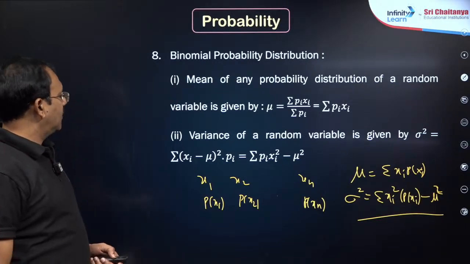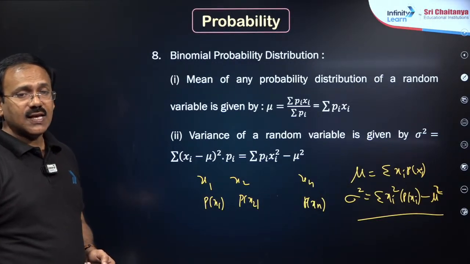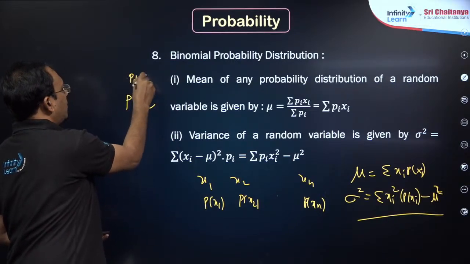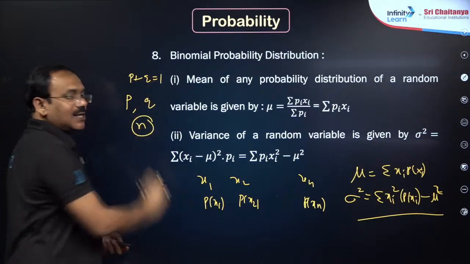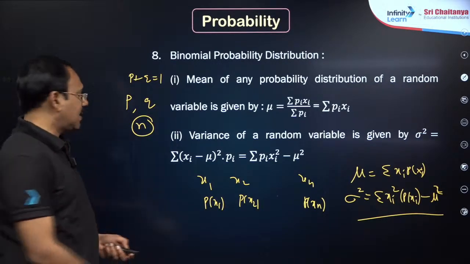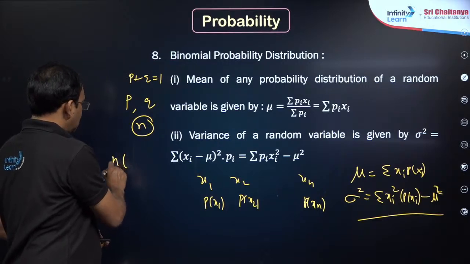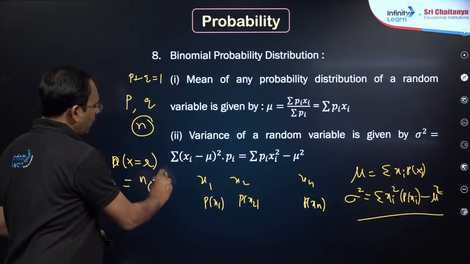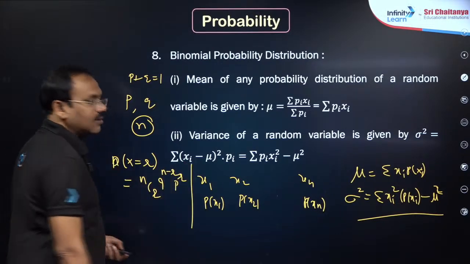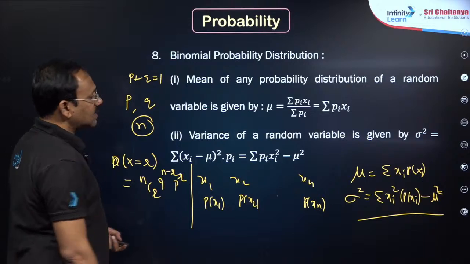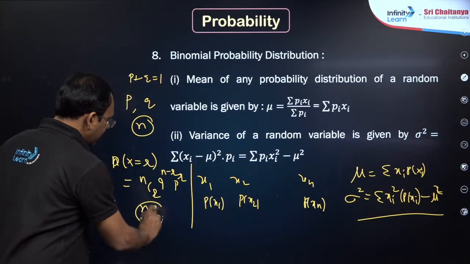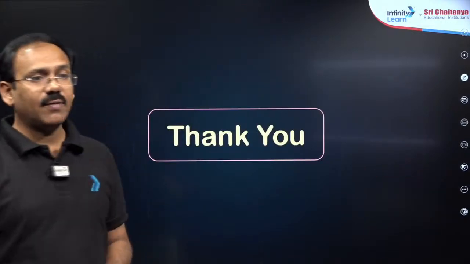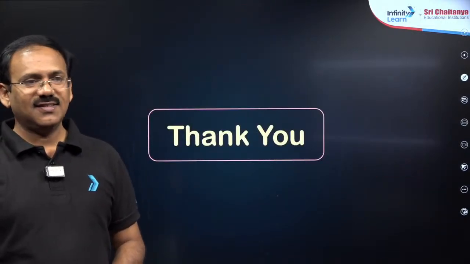Now binomial distribution in the sense, in a single trial, suppose success probability is P, failure probability is Q, where P plus Q is equal to 1. If that is repeated independently n times, if you want to get R successes, P of x equal to R is NCR into Q to the power of n minus R into P to the power of R. This is binomial distribution. In this case, mean will be NP and variance will become NPQ. These are probability distributions. There are a good number of questions even from probability, right?